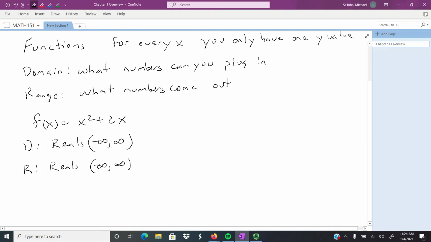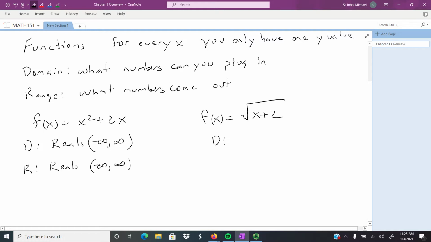Right. And then if I had one that looked like this, f of x equals the square root of x plus 2. Right? And as a domain, so domain here, remember we can only take square roots of numbers that are 0 or positive.